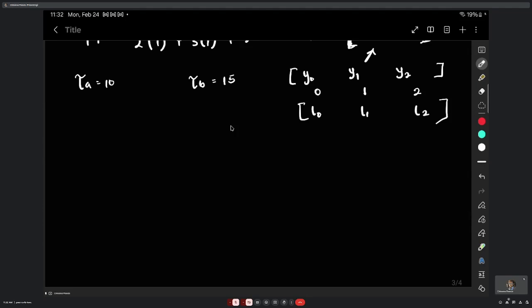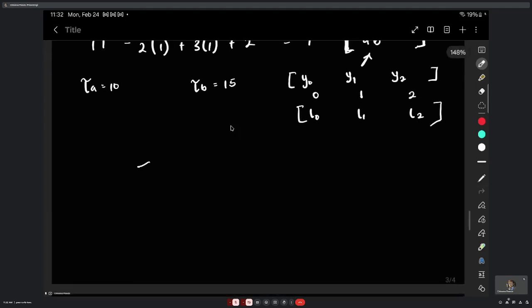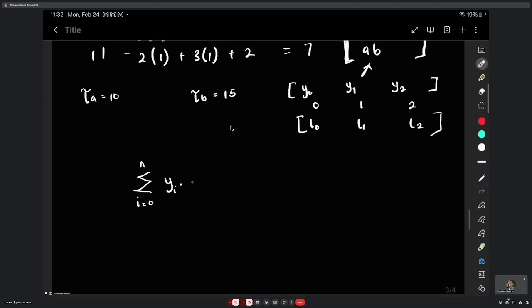We can think of a polynomial as this: the summation of yi, from i equal to 0 to n, yi times the Lagrange basis of i. What should we use to denote the Lagrange basis?